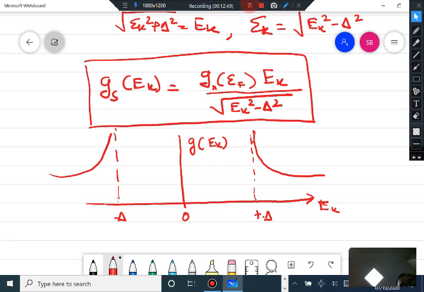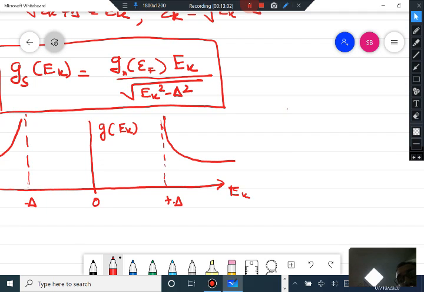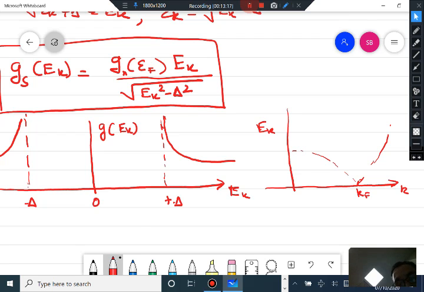The other way of looking at it, if I plot it in either way, this is going to be the behavior of the density of states, and this is what I had shown you earlier. If I look at the Ek plot as a function of k, then this is of course for a normal electron. For a normal electron, this is the dispersion at kf, and the dispersion for the superconducting state is going to be like this.